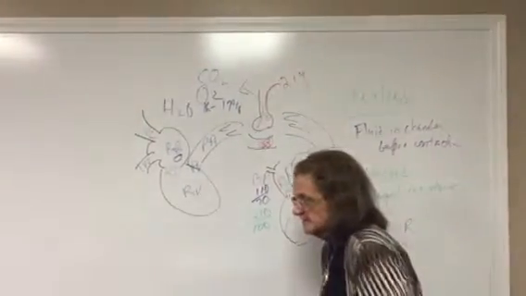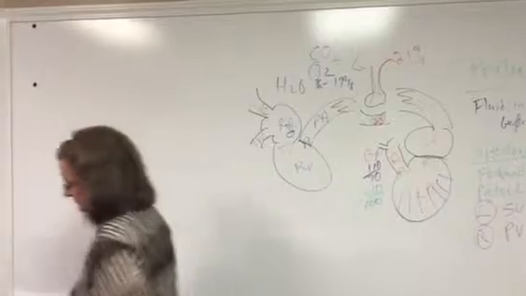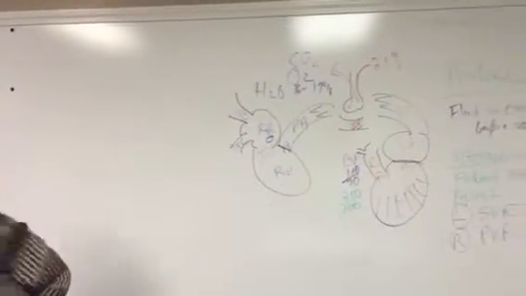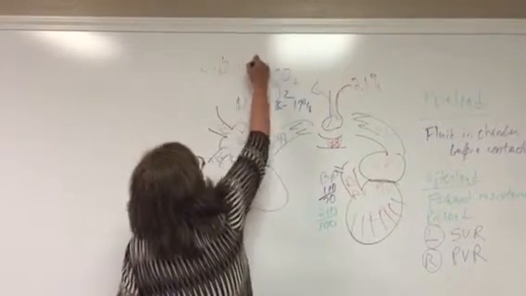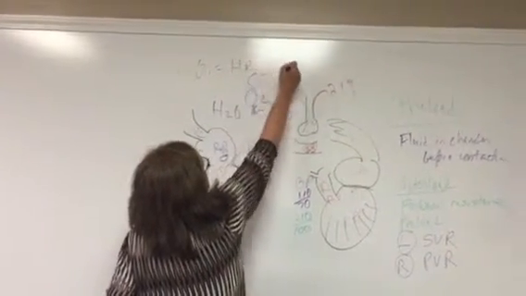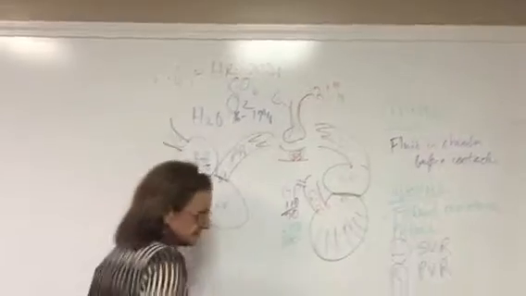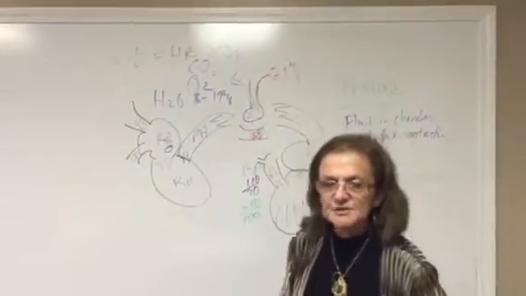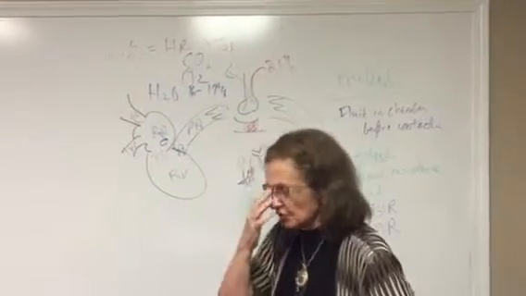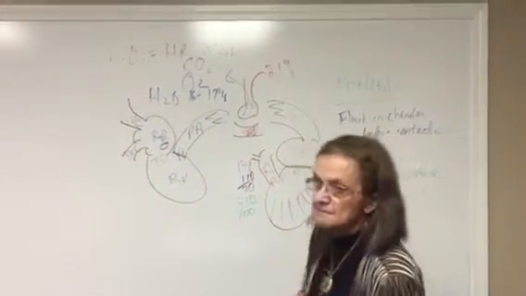Now we're going to talk about something called cardiac output. The formula for cardiac output is heart rate times stroke volume. Heart rate is heart rate. As we know, the adult heart rate is 60 to 100, but for purposes of this formula, they use 60 to 80.